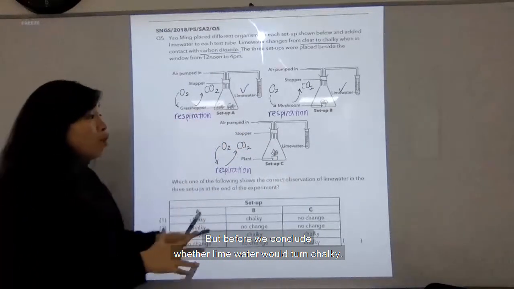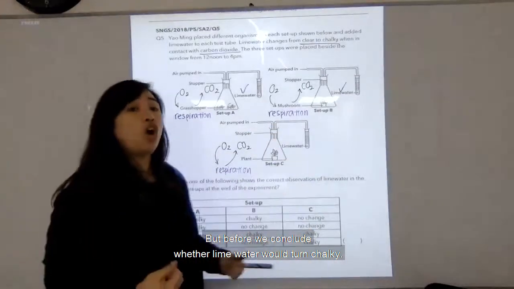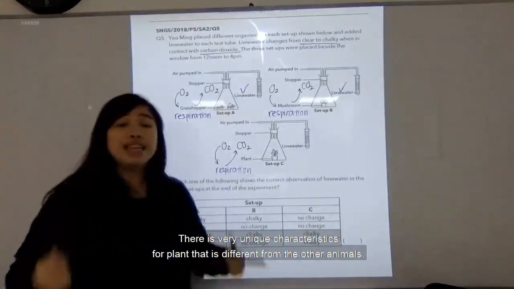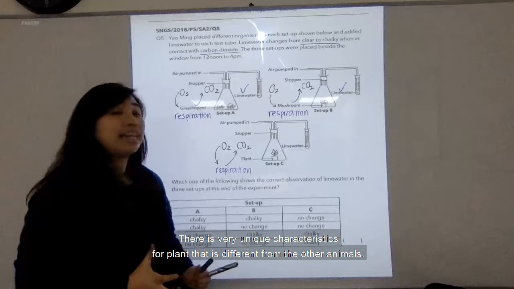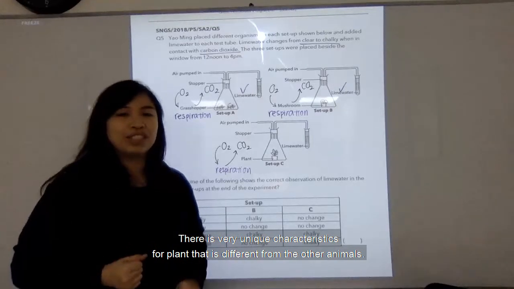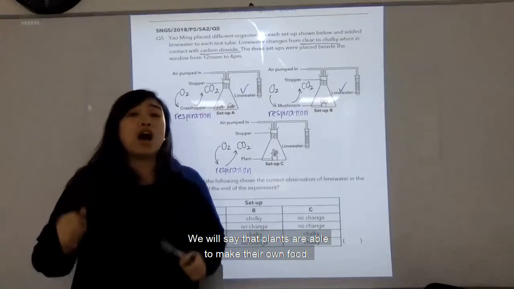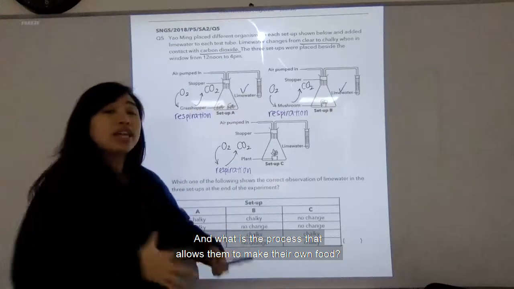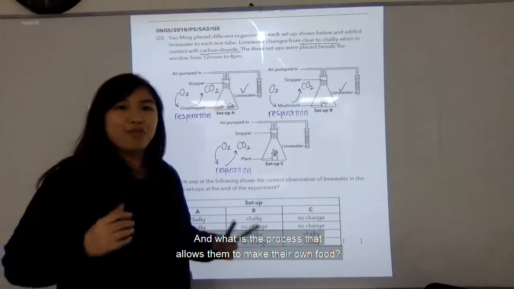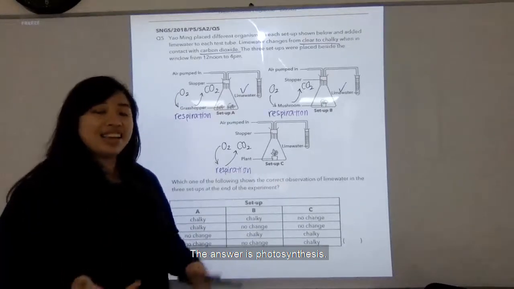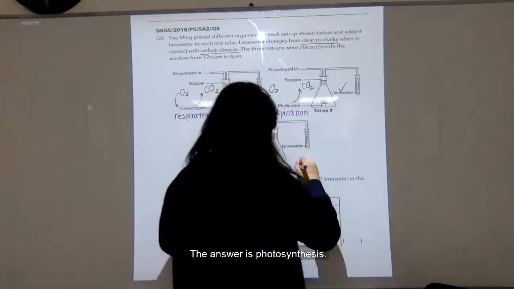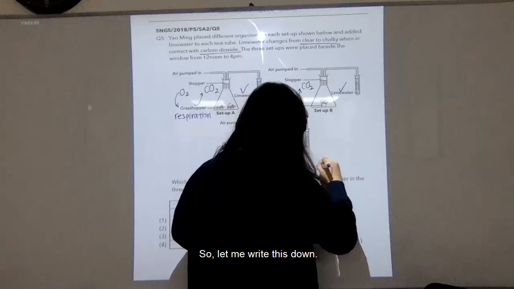But before we conclude that the lime water will turn chalky, there is a very unique characteristic for plants that is different from animals. We would say that plants are able to make their own food. And what is the process that allows them to make their own food? The answer is photosynthesis. So let me write this down.